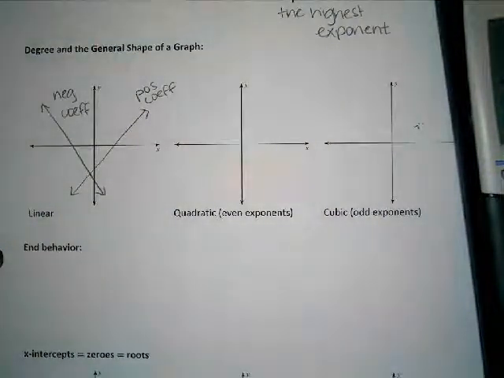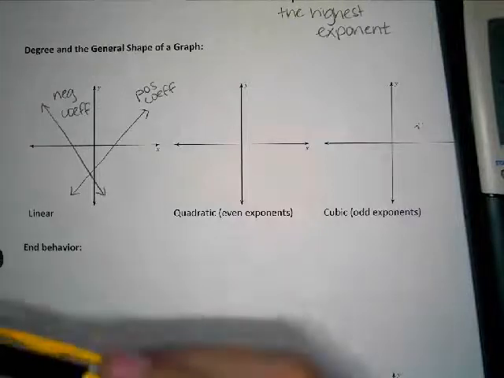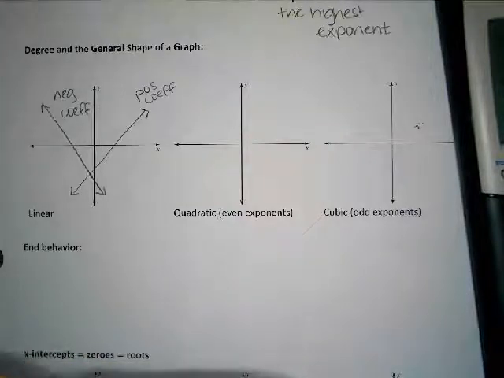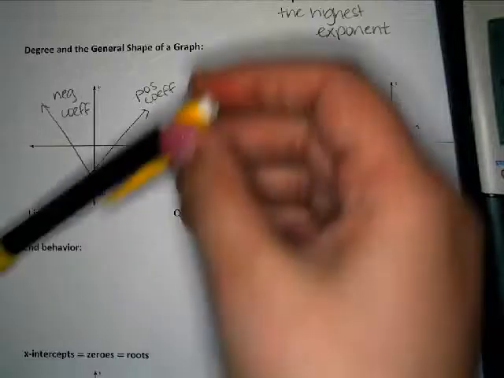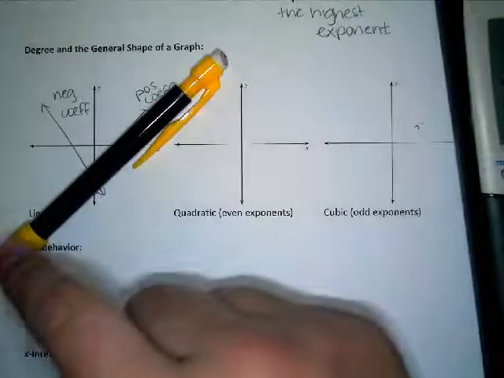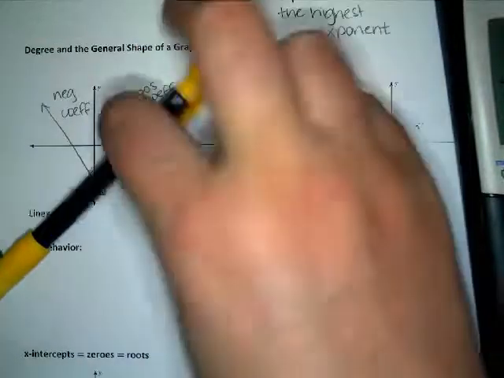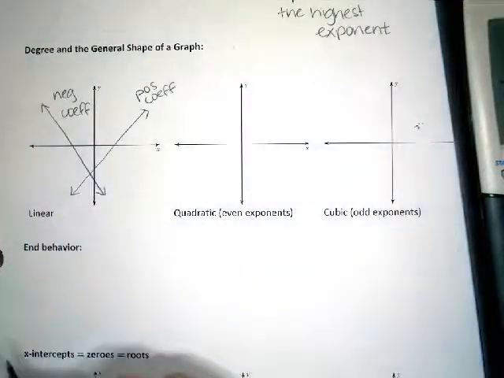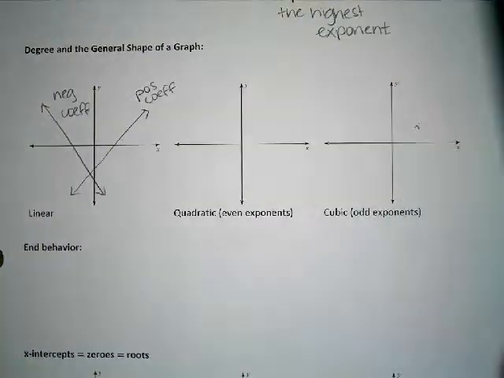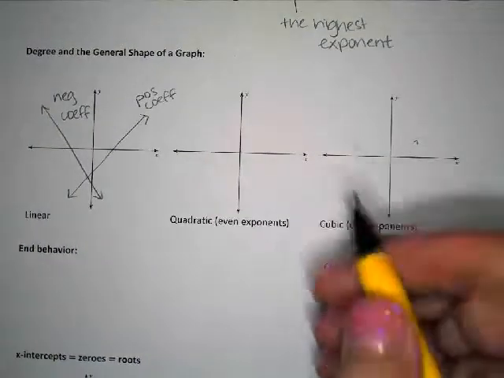And we kind of talked about that on Friday when we were looking at the graphs as they graphed them, and we were putting our pencils on the arrows, and we were figuring out if the stick figure was walking uphill or walking downhill. That was us figuring out if the graph had a negative coefficient or a positive coefficient. So now we'll just be able to tell from the equation itself.